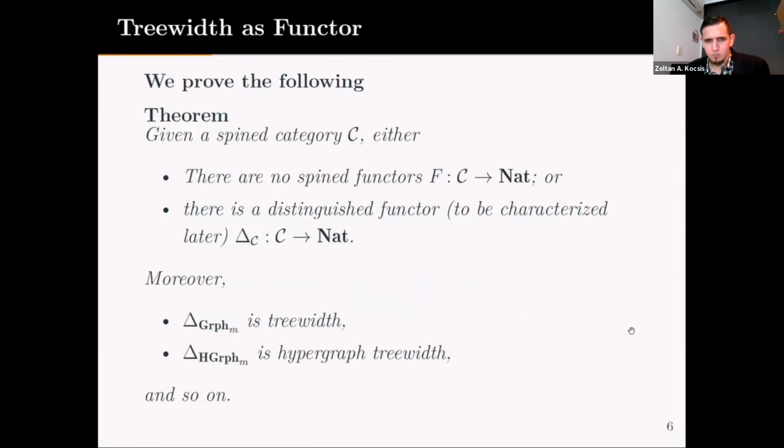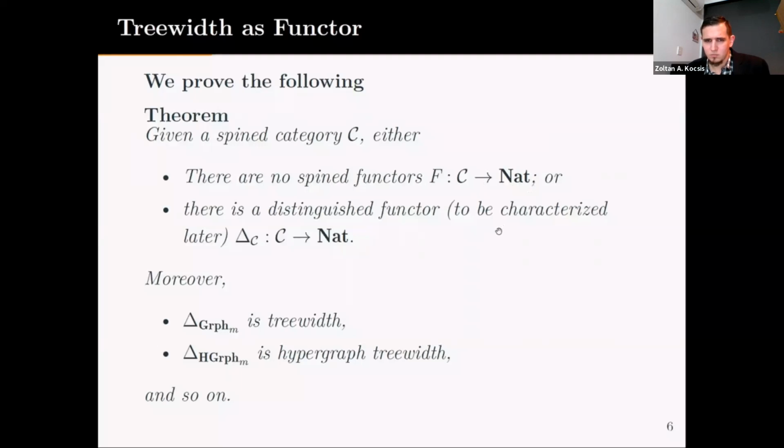And once we introduce these spined categories, our main result becomes a sort of dichotomy theorem. Spined categories turn out to be either maximally bad, in that there are no spined functors from C to the poset of natural numbers at all.